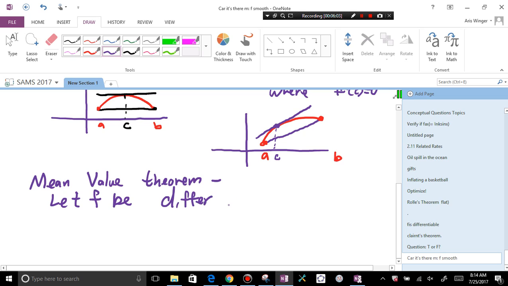So we need a smooth function, differentiable on (a, b), and f continuous on the closed interval [a, b].